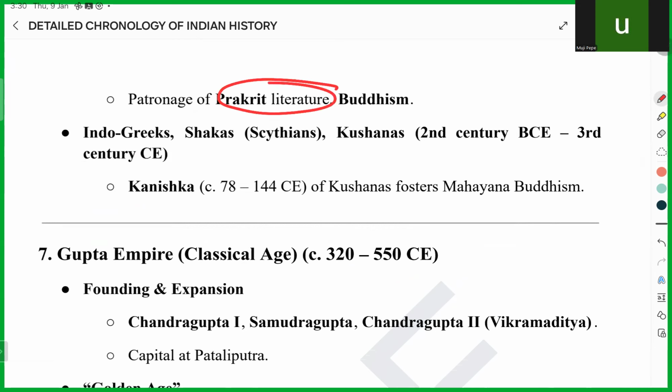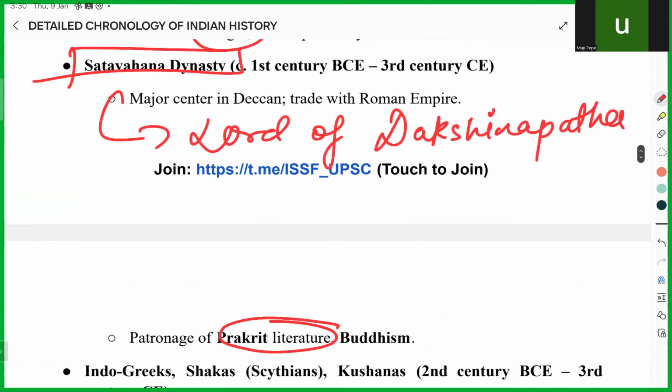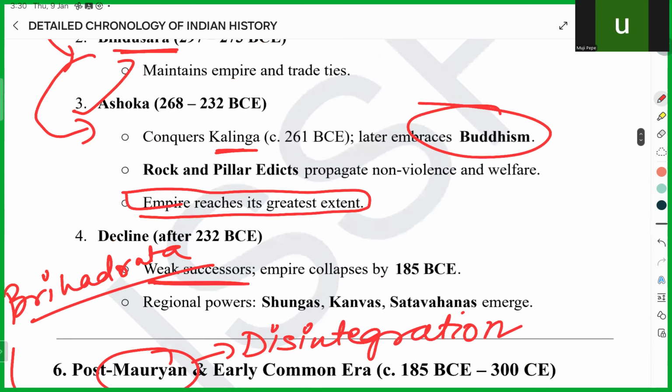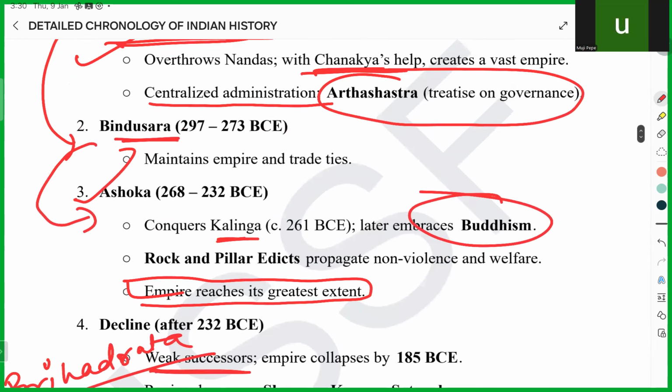Okay. Yes, you can ask the doubt. Yeah, so my doubt is this Nanda dynasty, the ones in Magadha, they were mostly North Indian, no? Around Gangetic Plains. Yes, Patna, Bihar, Patliputra is Patna basically.